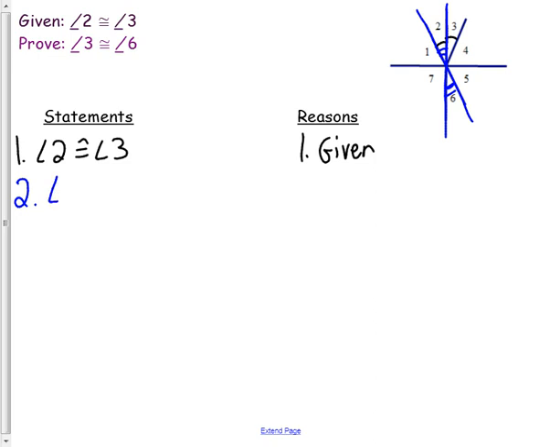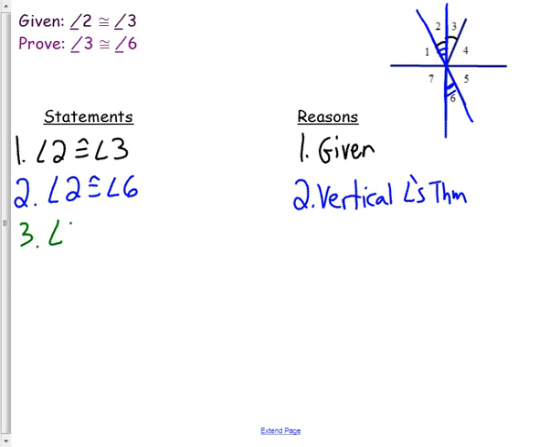So we can say that angle 2 is congruent to angle 6, and our reason being vertical angles, or you can say vertical angles are congruent. Either way. Now we have that 3 is congruent to 2, 6 is congruent to 2. Since 3 and 6 are both congruent to the same angle, we will say they are congruent to each other.